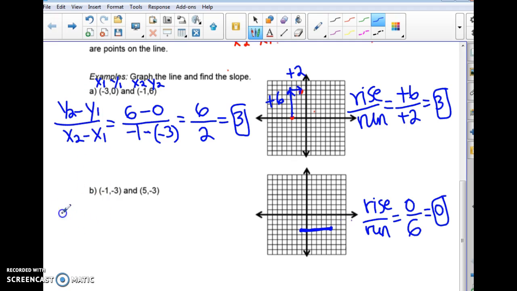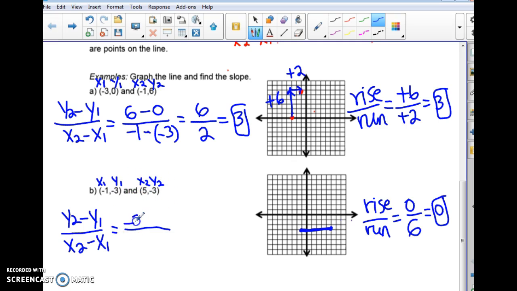Okay, it's always change in y over change in x. Y always goes on the top, x goes on the bottom. So the first y value, second y value, I always like to write these out before I start.